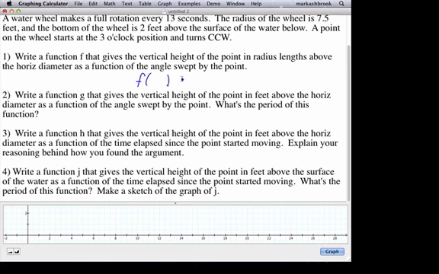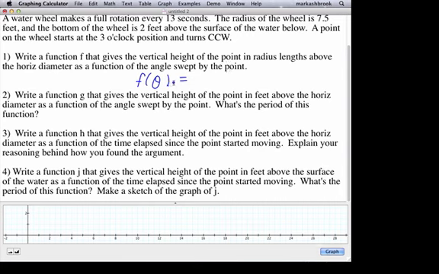We need to know what the output is and what the input is to write that function. So how about what's the input? Input is time for number 1. Is that right? Agree with that? So as a function of angle swept. What symbol do we want to use? Theta is common.